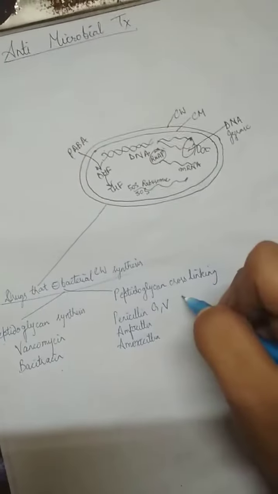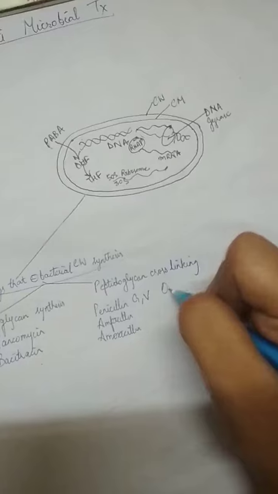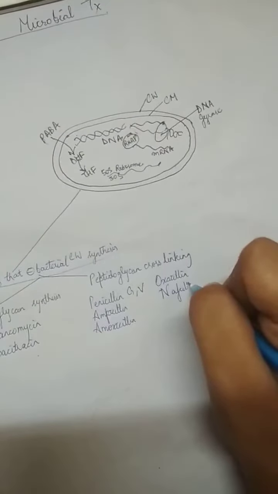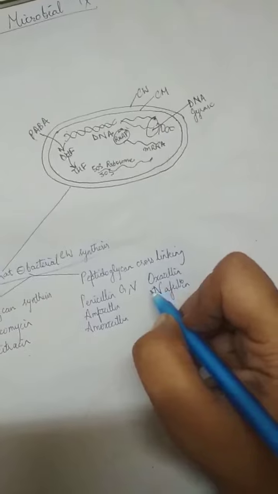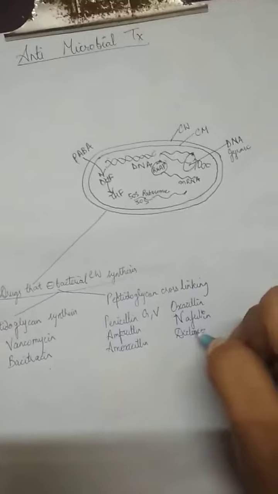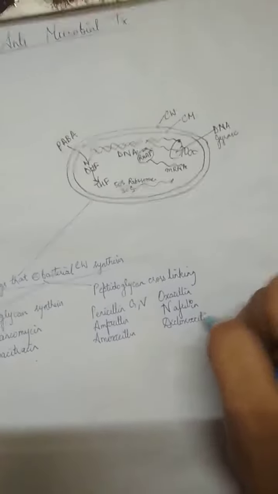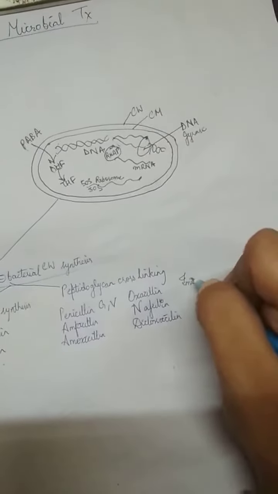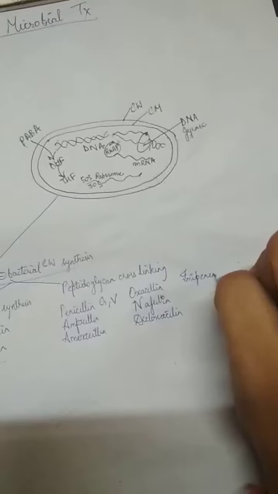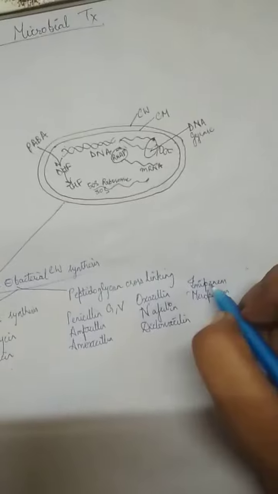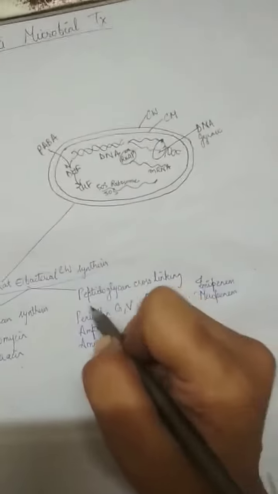Then some are the penicillinase resistant penicillins like oxacillin, then nafcillin, then dicloxacillin, and some carbapenems like imipenem, meropenem.